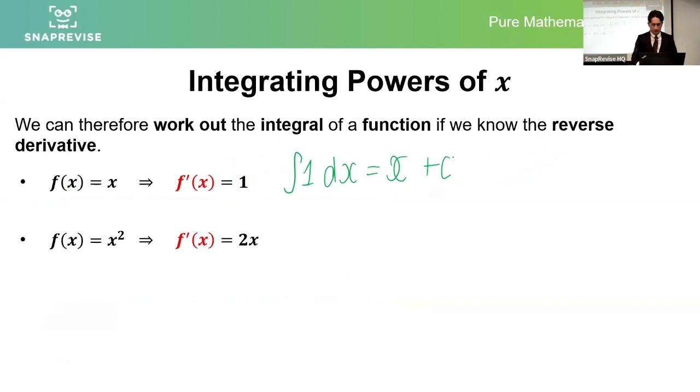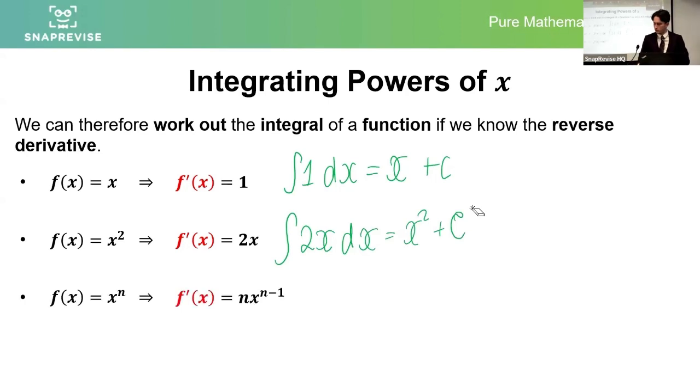So it undoes that process. Likewise, if I integrated 2x with respect to x, I would get x squared plus c. Now, in general, if I integrate x to the n, I'm going to get 1 over n plus 1 of x to the n plus 1 plus c.